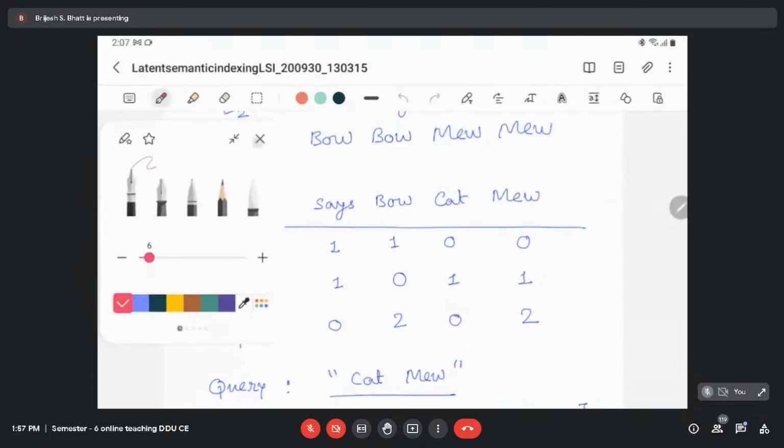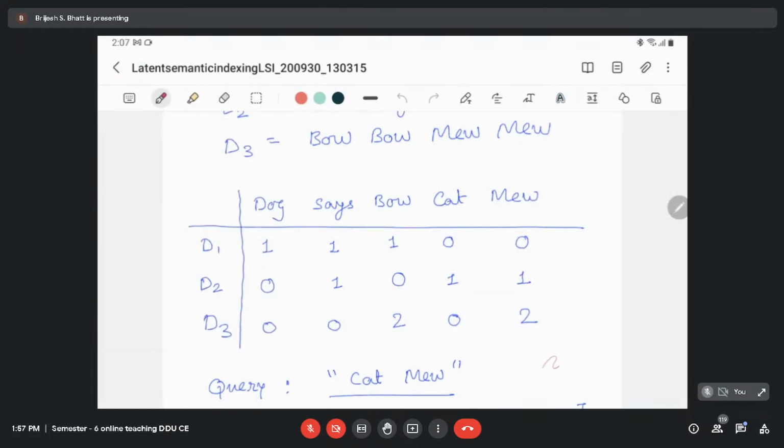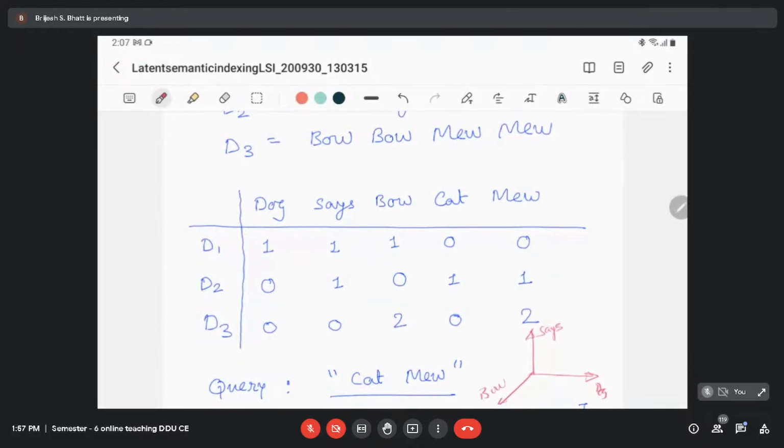If I want to calculate similarity of documents, then I will create a vector of words. I will make the axes as words. So this is the dog axis. Then this is another, face axis. Then another, bow axis. Then some cat axis. And then some meow axis.